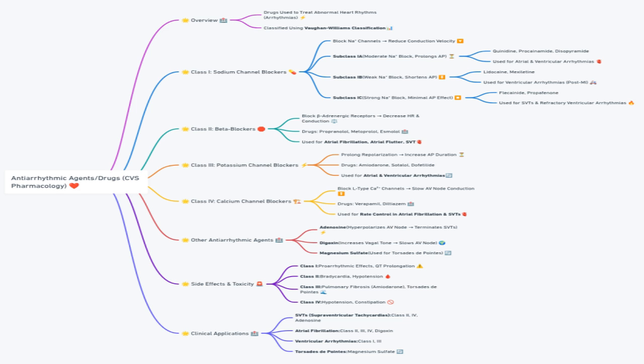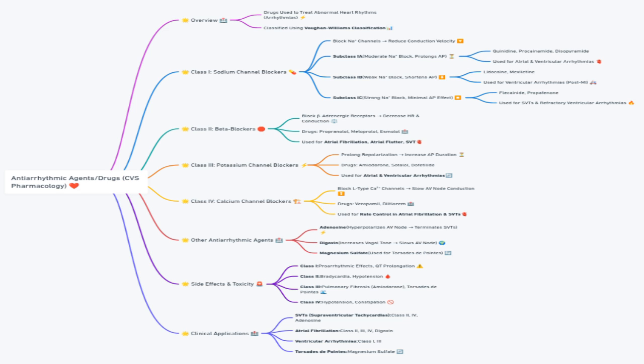With class 3, this deals with the potassium channel blockers, which prolong repolarization, increasing APD, increasing ERP, and increasing QT. Some drugs are amiodarone, sotalol, dofetilide, and ibutilide. Remember the effects: delayed repolarization.